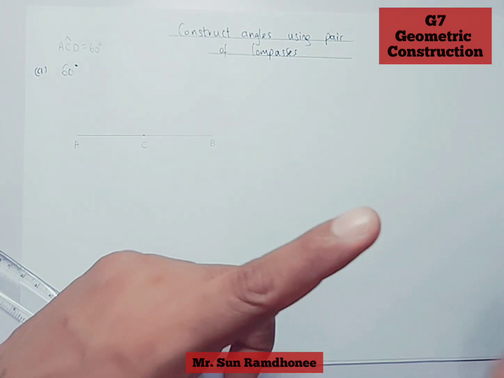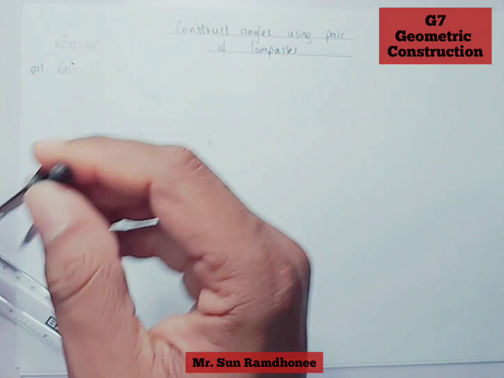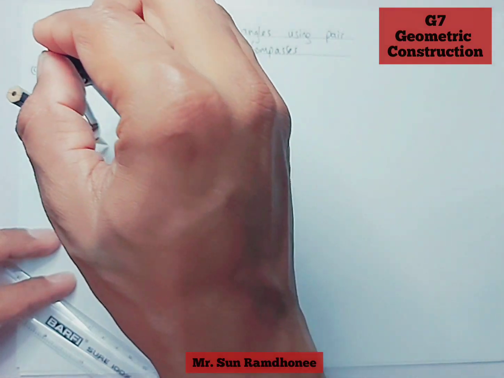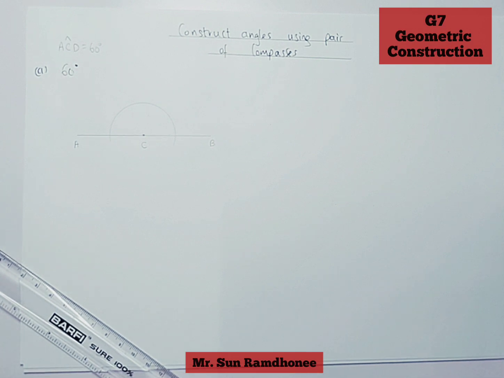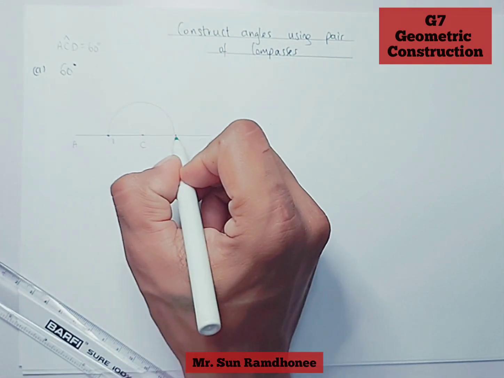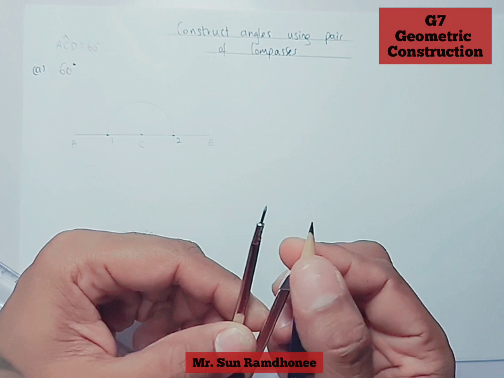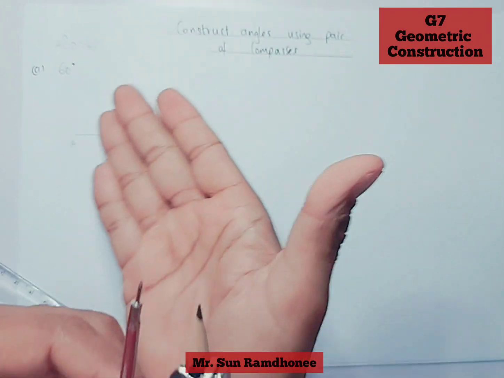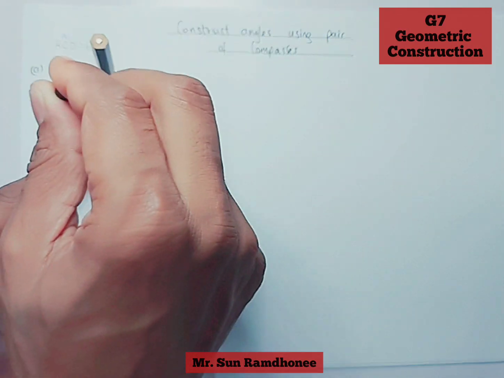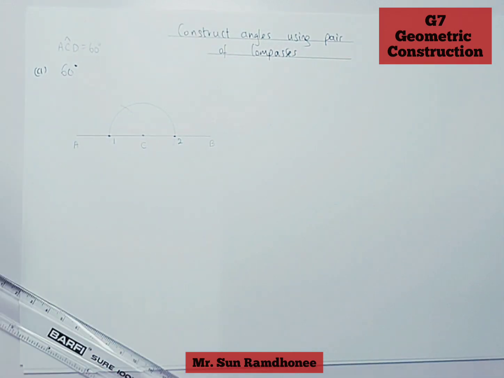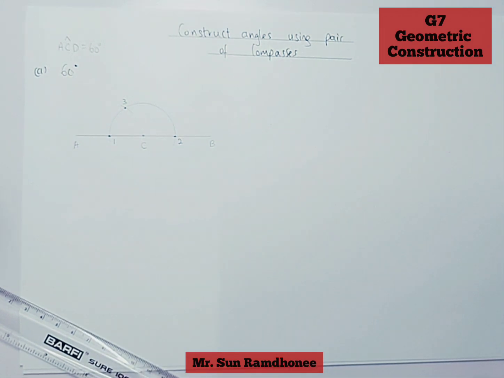First of all, what you do is that you use the compass and you measure your finger, and then you draw an arc at C like this. It is going to touch 2 points, 1 and 2. Without changing this dimension which you have used to draw the arc, we use the same radius at point 1, and then we draw an arc here, and this will give us point 3.